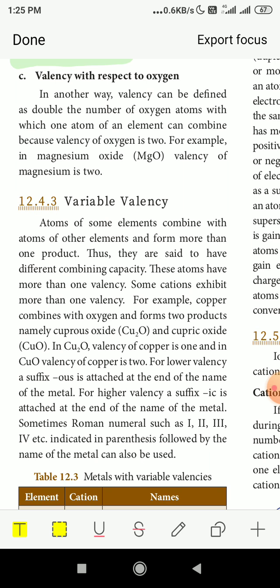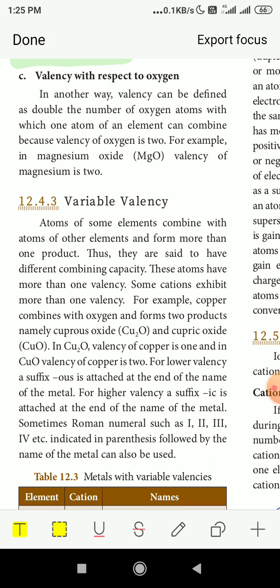So whatever comes with the suffix or the Roman numeral, that will be the valency. So these are the variable valencies.